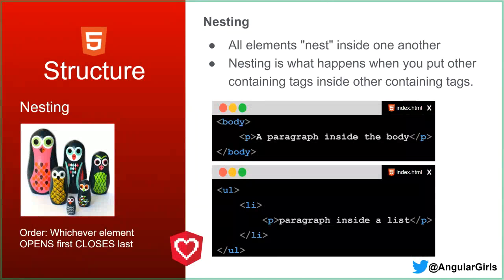I'm not 100% sure that's the right English word. Is there a Polish name for this? Someone knows this? Then I can learn something. It's the same in Polish. Also matryoshka. Okay, cool. So I think this is a good way to describe nesting, just that you can put something in between.